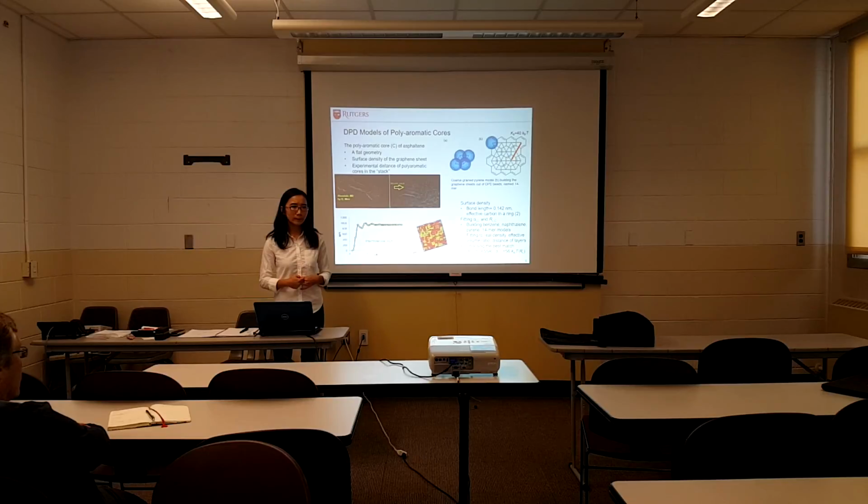Looking at the compositions that you looked at, how did those compare broadly with things found in nature with asphaltene compositions? Are these reasonable ranges to be looking at? Yes, I think so.